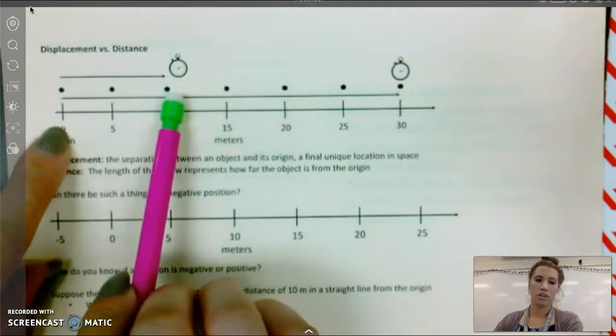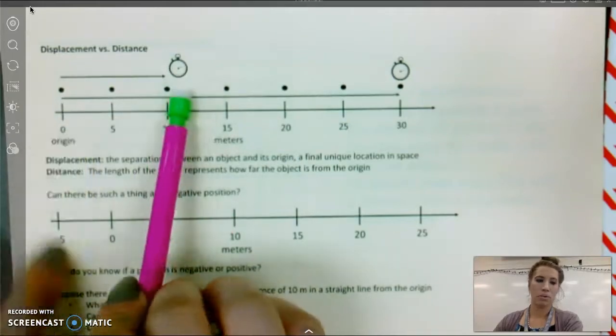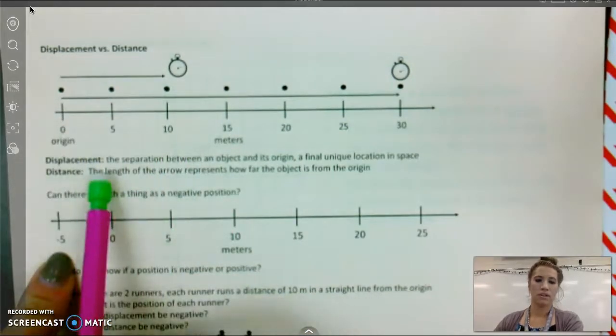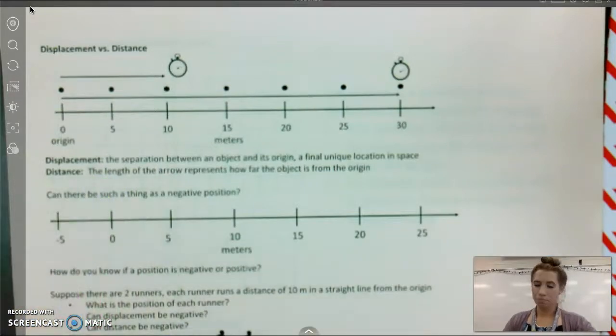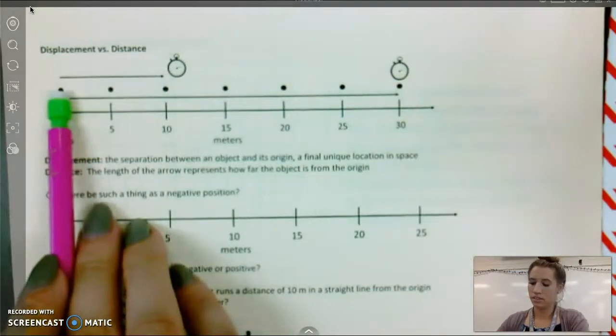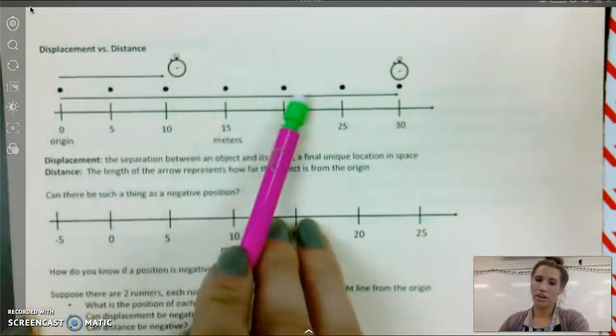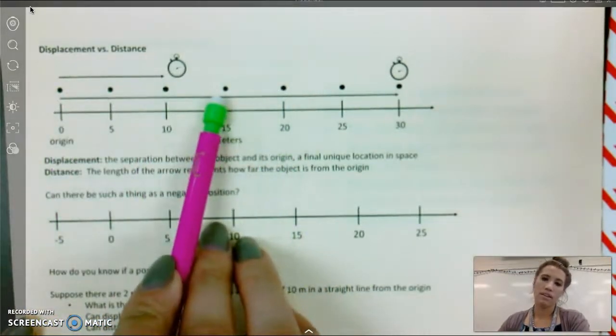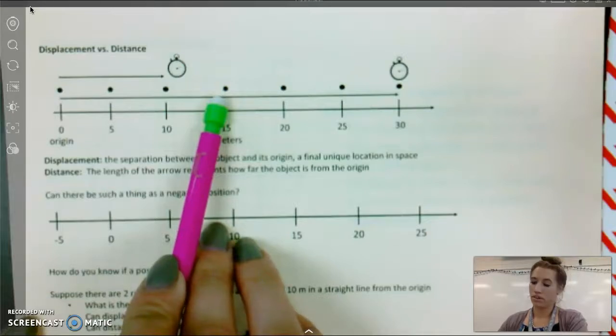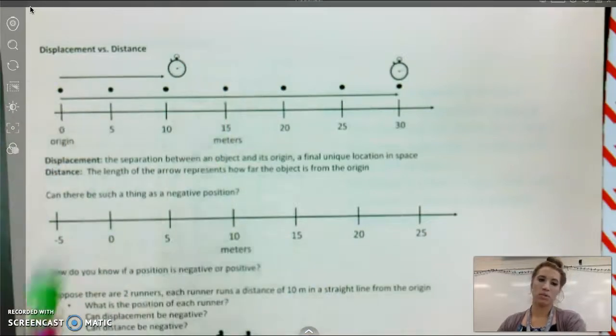Well, the displacement is from 0 to the ending point. Now, distance is different. Distance could be greater than that, meaning that when we look at distance, if the object went there and then it came back a little bit, then the distance would be greater than just that displacement from the origin.